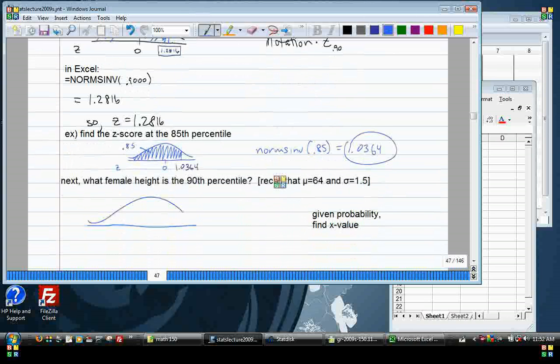And now what? 0 is in the middle for z. And what else can we label? And what's the mean? Yeah, the mean is 64.